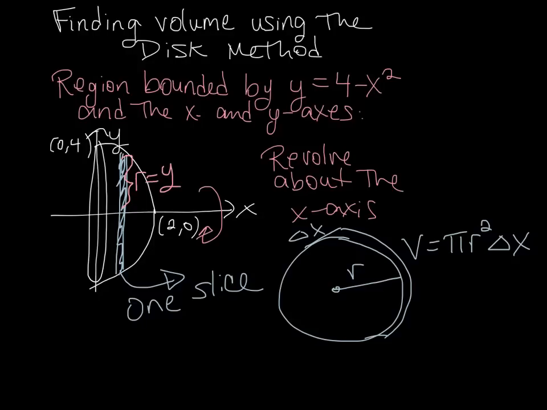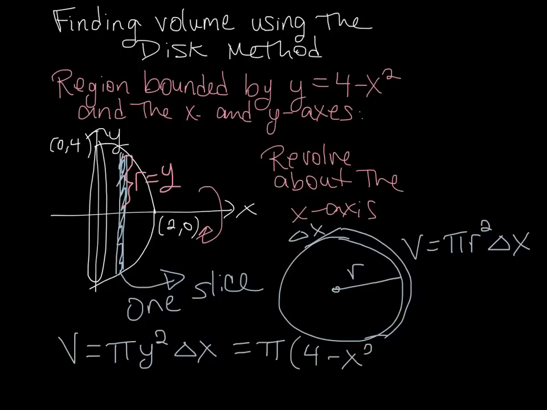So the volume of our one little slice is pi y squared delta x, or if we want to put everything in terms of x, it's pi times (4 minus x squared) squared delta x. So each little slice has the volume of pi times (4 minus x squared) all squared times delta x.